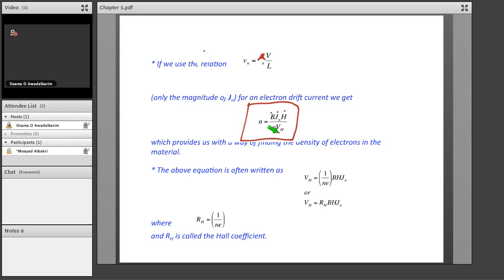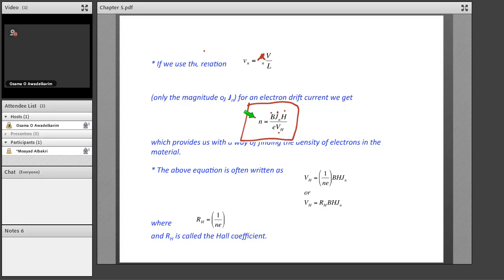So that's another experiment which you can also use. You can vary the magnetic field and vary the current J_n, and then measure V_H. And you can use these relations to extract n, the density of free electrons in the N-type.